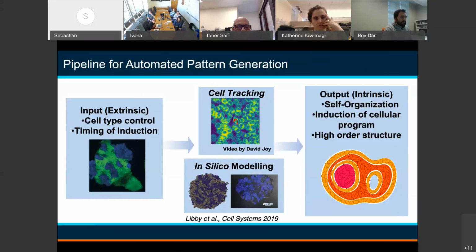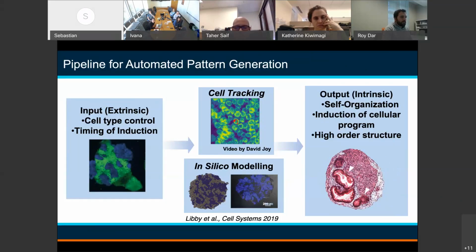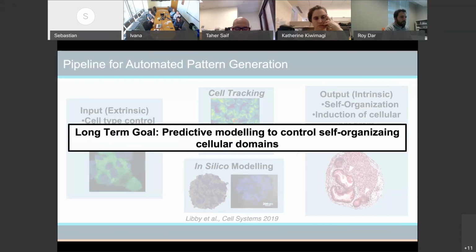The idea is to eventually make even more complicated patterns and transition it into 3D. So long term, we hope to use predictive modeling to control self-organizing cellular domains within our organoids.